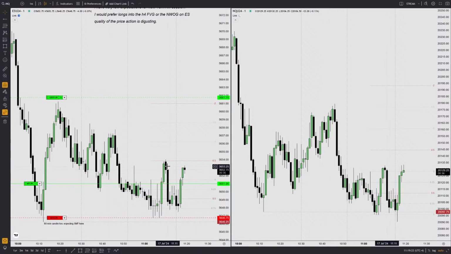Once we get a closing price above these two down close candles, I'll move my stops to this swing low here.